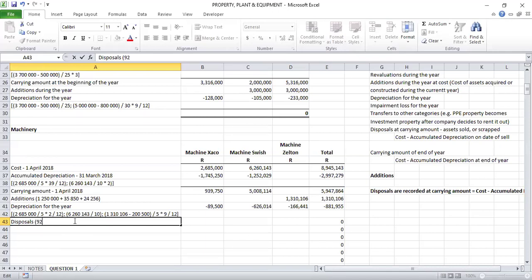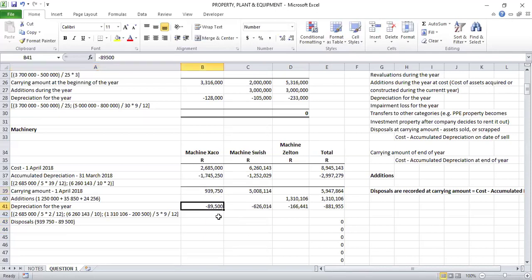So we can just say 939,750 minus 89,500. This one minus this one, which is equal to 850,250. We put it as a negative because we're removing it.